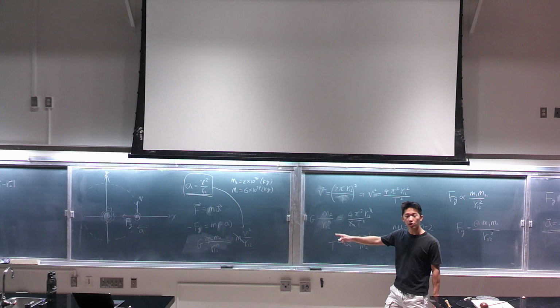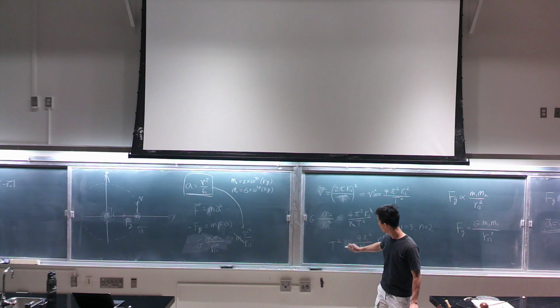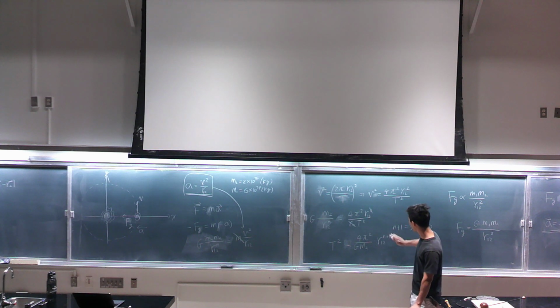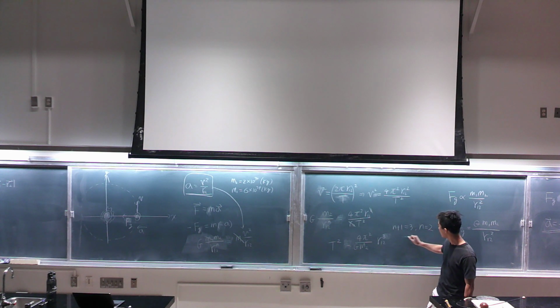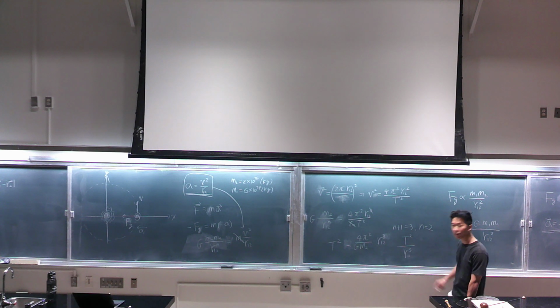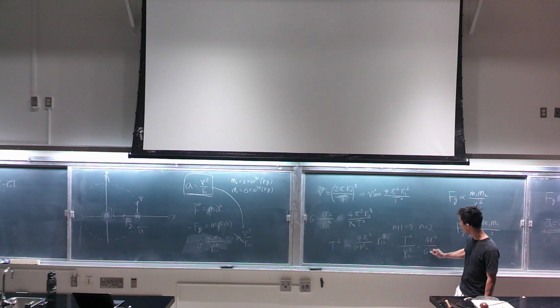And when I move everything to the other side, the G will go to the denominator. So now I can move this r cubed to the other side and get that the period squared over distance cubed of a planet should be a constant, which is 4 pi squared divided by G and the mass of the Sun.